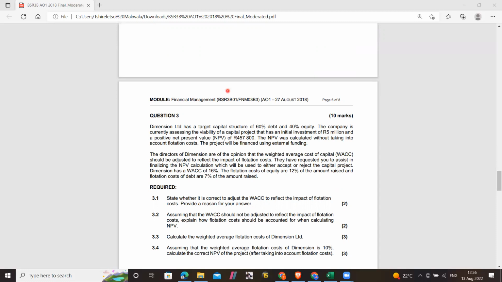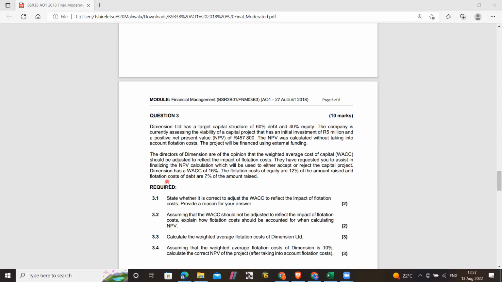So we have this concept of flotation cost, and they tell us that this NPV was calculated without taking into account the actual flotation costs. And then they say they have requested your assistance in finalizing the NPV calculation, which will be used to either accept or reject the capital project.